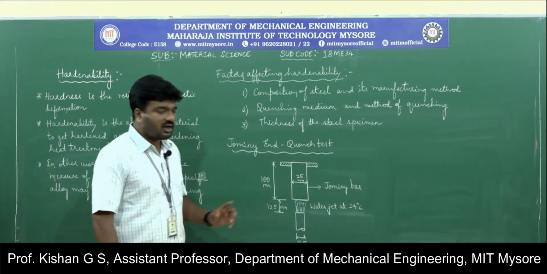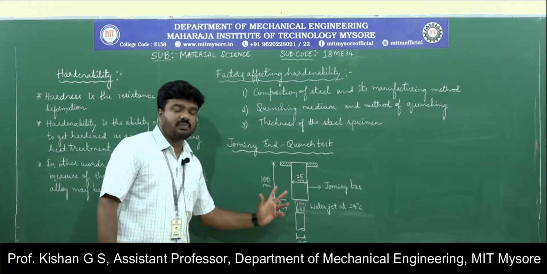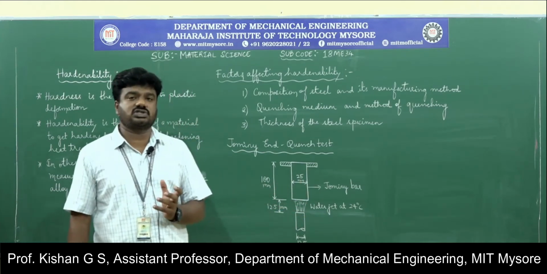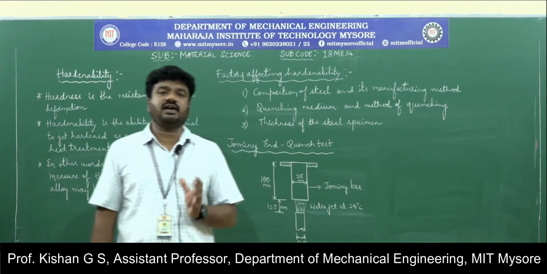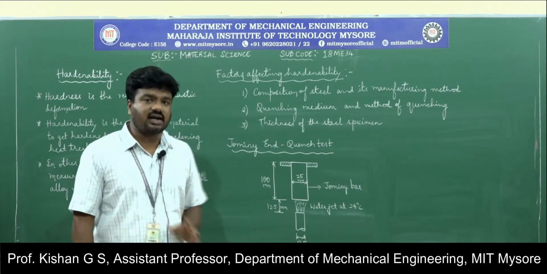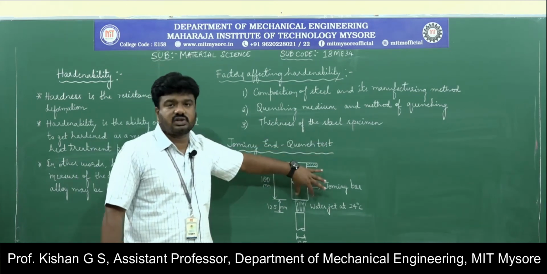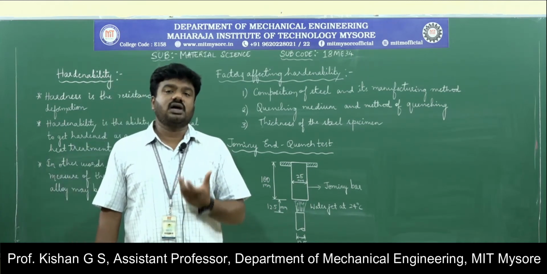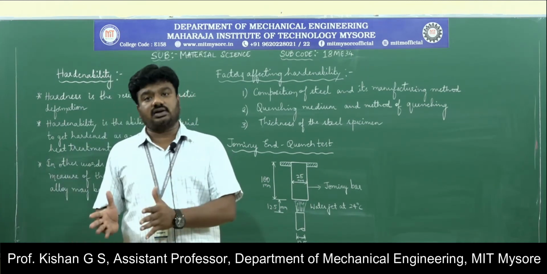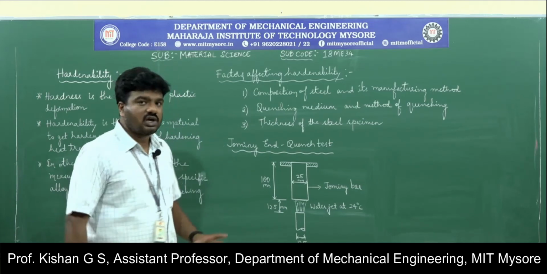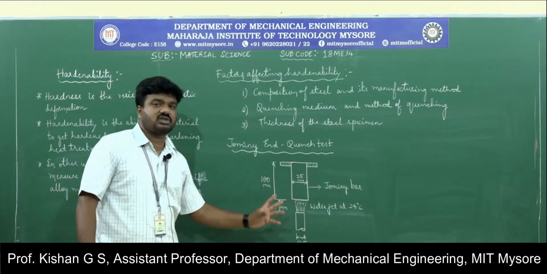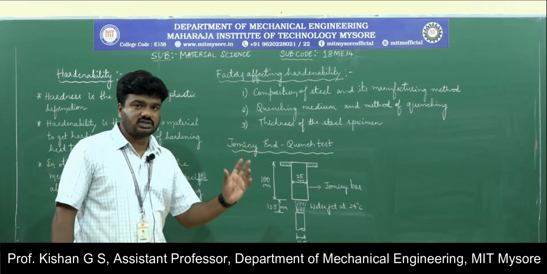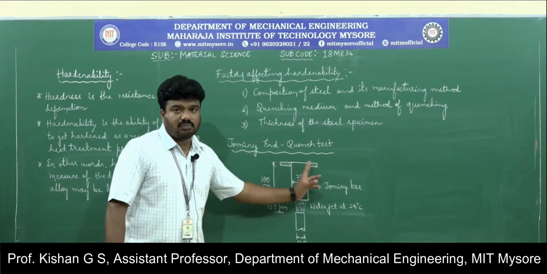Now you consider this Jominy bar in the austenitic phase, meaning it is heated to a particular temperature so that the entire microstructure is in its austenitic stage. Now you have to convert that austenitic stage into martensite. So you take the Jominy bar in its austenitic temperature range and fix it to the fixture.